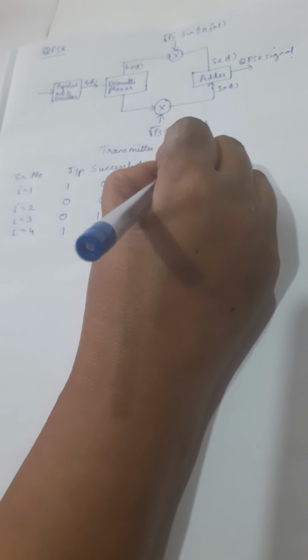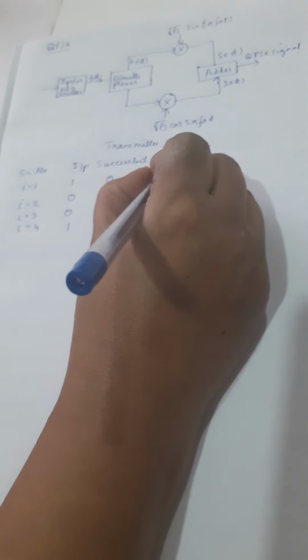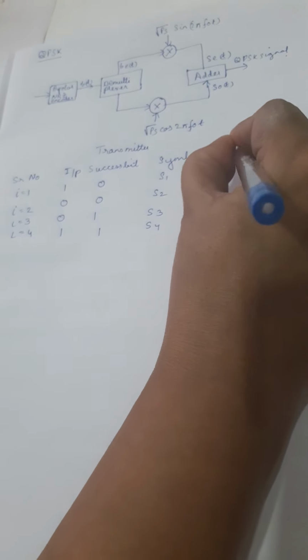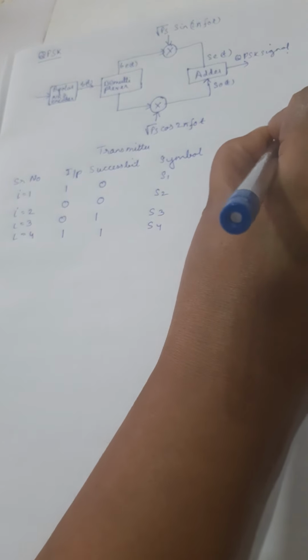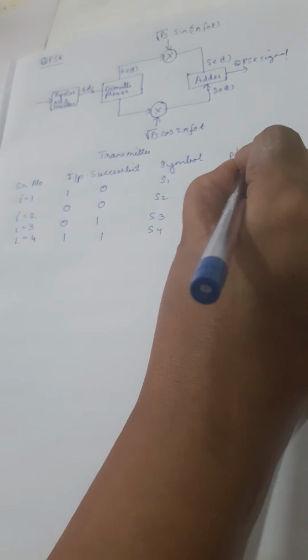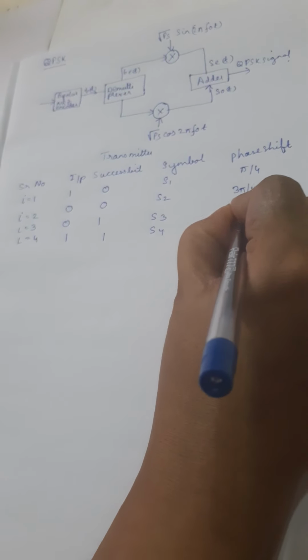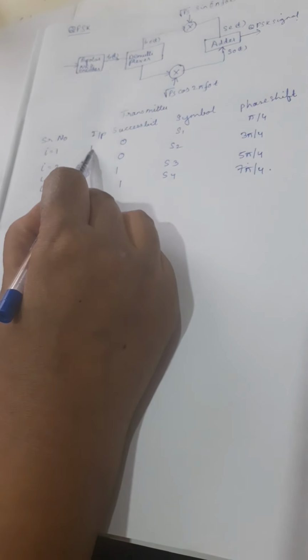So first symbol S1, S2, S3, S4. So here the phase shift will be pi by 4, 3 pi by 4, 5 pi by 4 and 7 pi by 4. So we have 4 shifting.